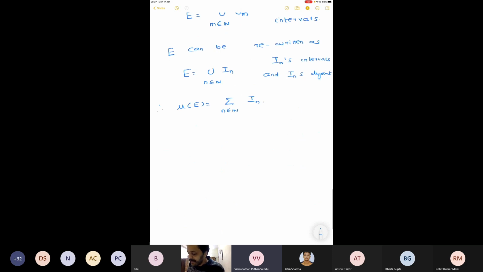Okay. Now let me consider C dash, equal to the collection of E subset of R such that E is equal to the union of Jn, n belonging to N, where the Jn's are intervals.